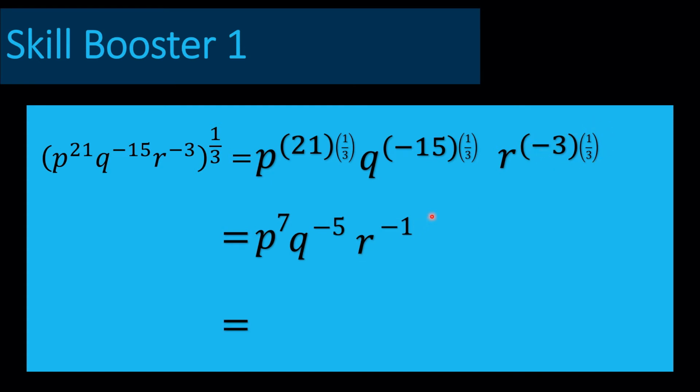Again, I already emphasized earlier, when we say simplified, there should be no negative exponents. Okay, so to do that, let us do the wise way. Always remember this one. If the negative exponent is on the numerator, just transfer that to the denominator and it will become positive.